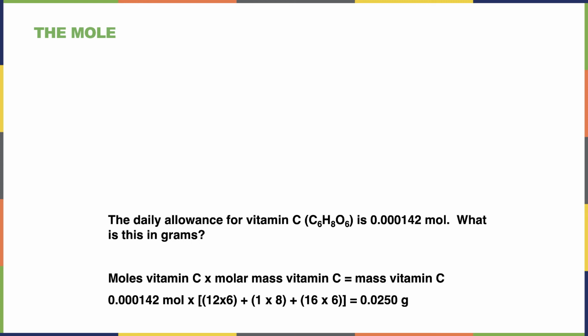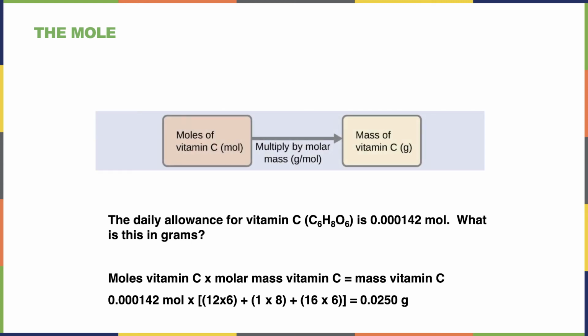And this time I did express it by the proper number of significant figures. And here is a diagram just to review with you how you go from moles to mass. You start out with moles, you multiply by the molar mass, and this gives you the mass of vitamin C.